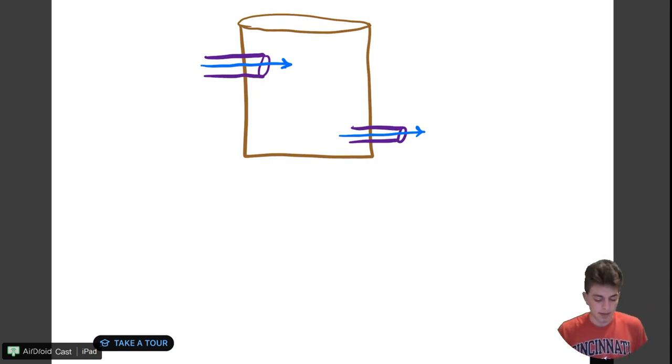Now, we can also have a number of things also occurring in this tank. For example, we could have some sort of initial liquid level.